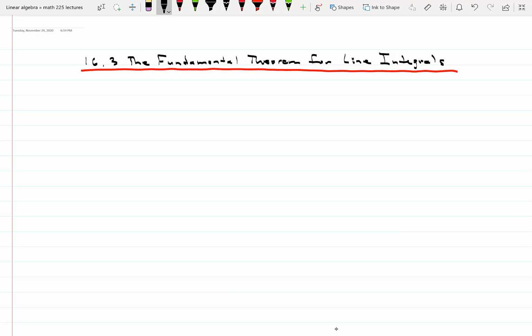Let's say we start with a vector field F of x, y, z.